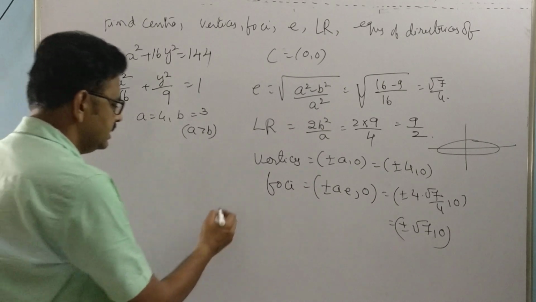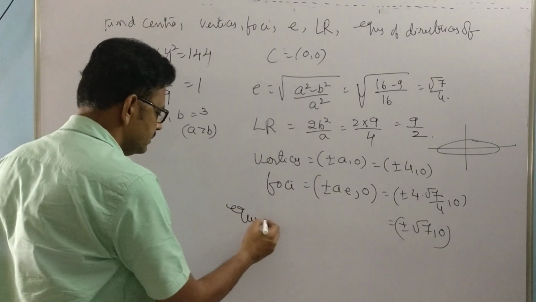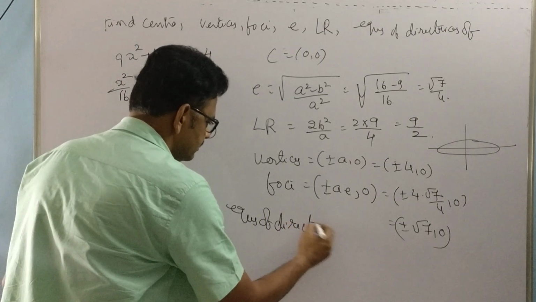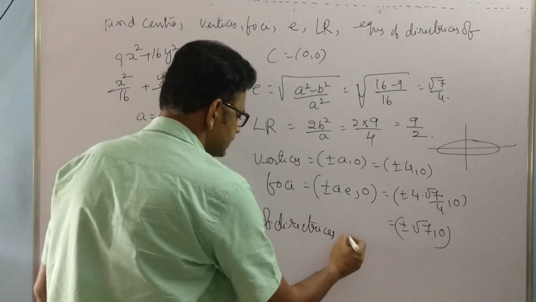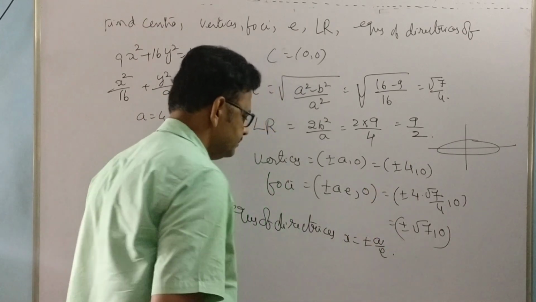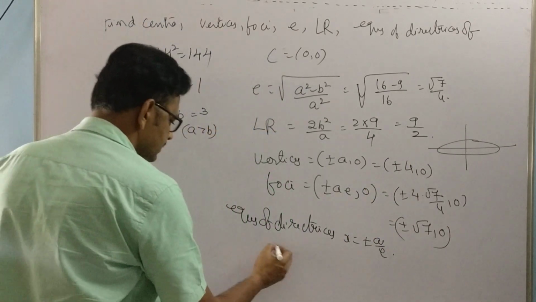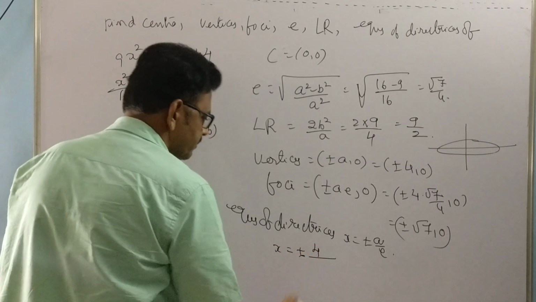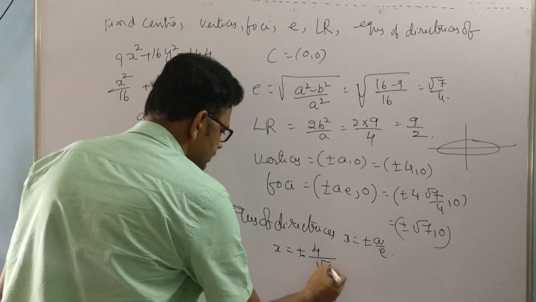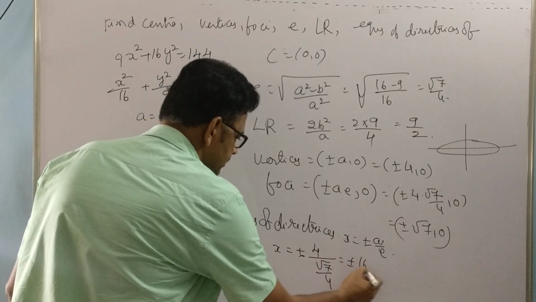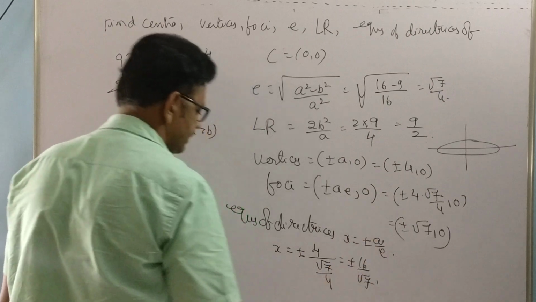Next, equations of directrices. x is equal to plus or minus a by e, where a is 4, e is root 7 by 4, that is plus or minus 16 by root 7.